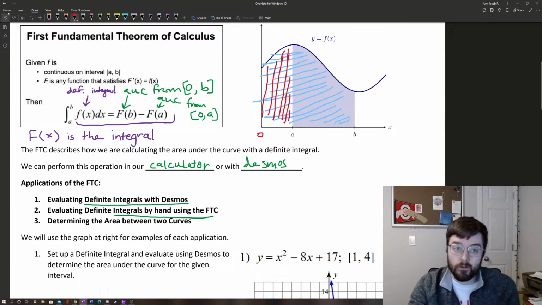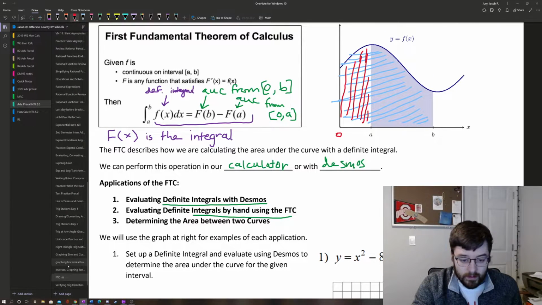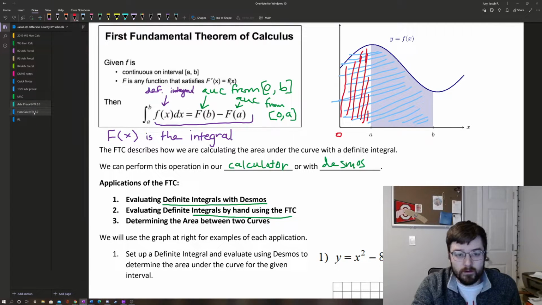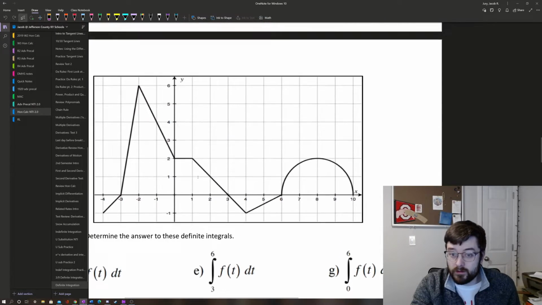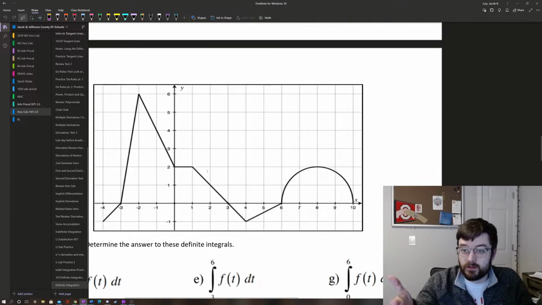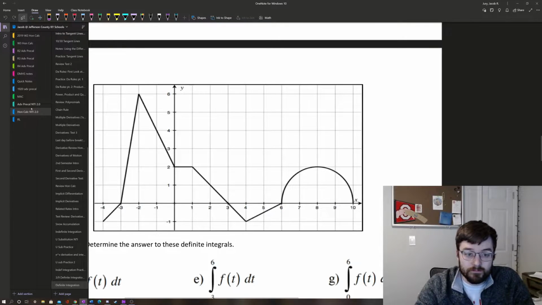If you remember, before we were looking at the area under the curve with just simple geometric shapes. Now we have more complex equations we can use.